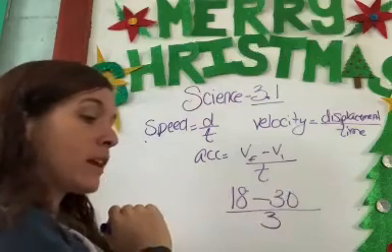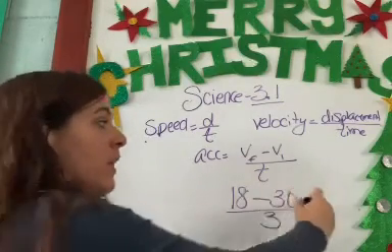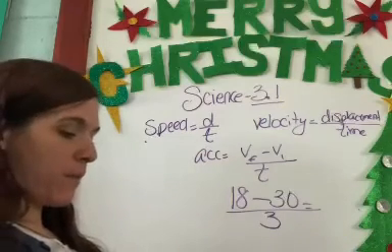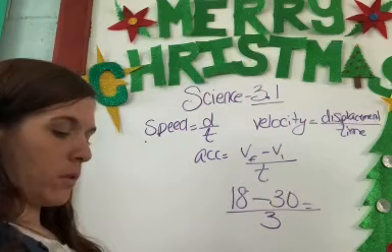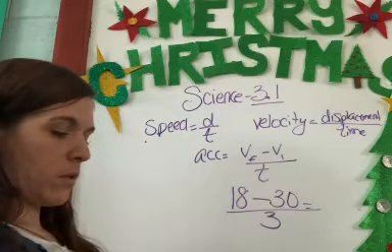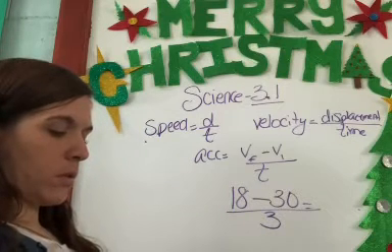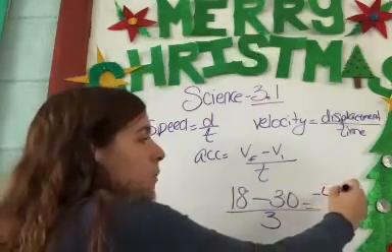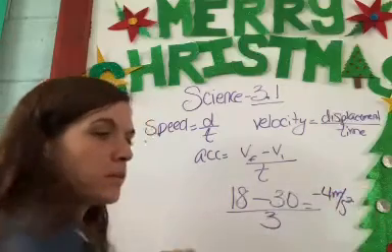What is the car's acceleration? This is where we're going to get a negative so that we know that they were decelerating. So that's going to be 18 minus 30 divided by 3, which is going to give you a -4 meters per second squared.